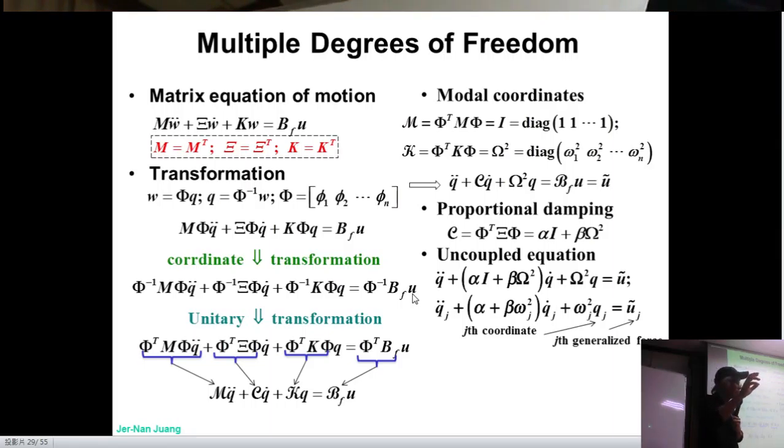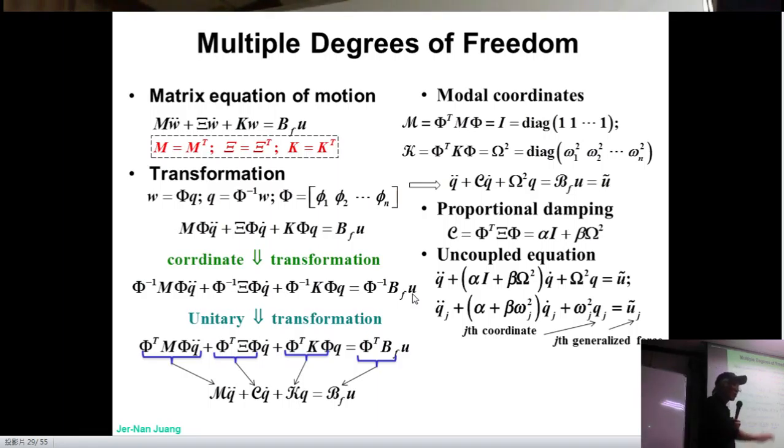There are special characteristics for this kind of transformation. For example, after the transformation, do you expect the eigenvalues to change or not? No, that's right.